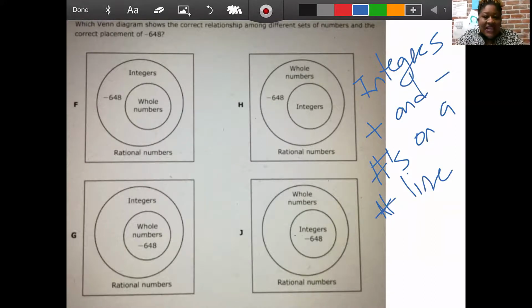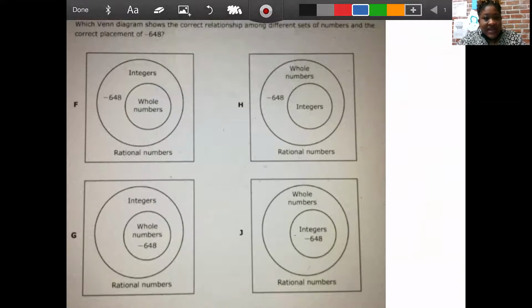You don't see a negative 1.5 on a kindergarten number line. You don't see a negative 5.25555. No. You only see whole numbers, both positive and negative. Whole numbers are positive, and the negative numbers are included with the integers, okay? Make sure you know that. So when you're doing this problem, make sure you pick the answer choice that is correct based on those definitions.